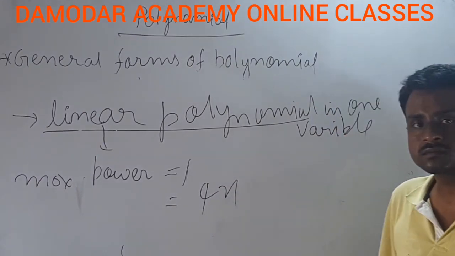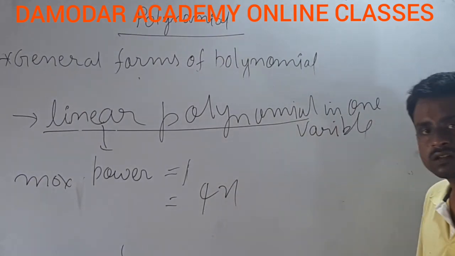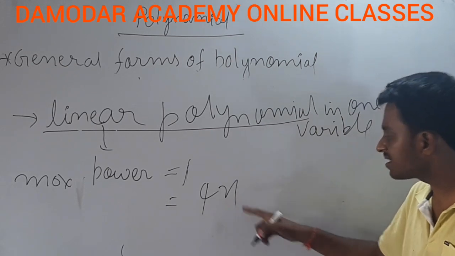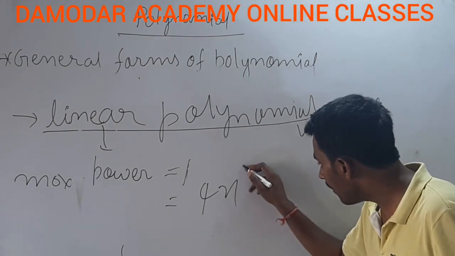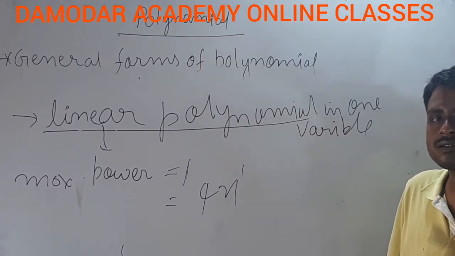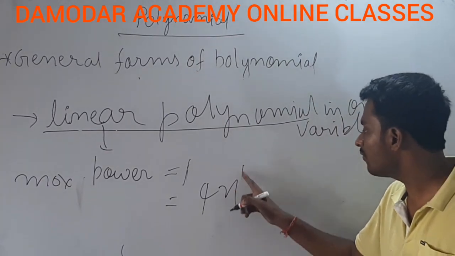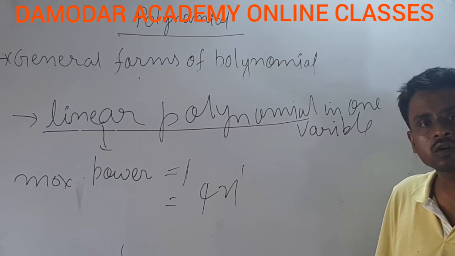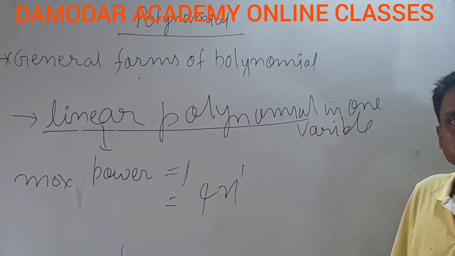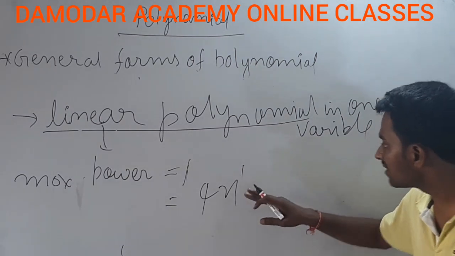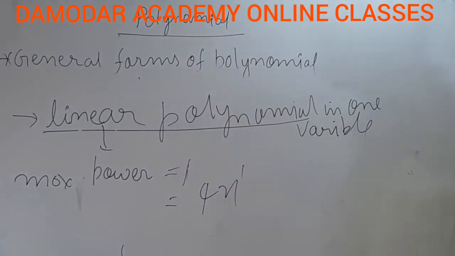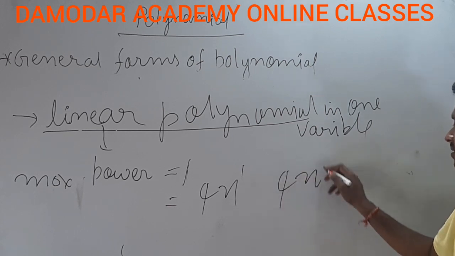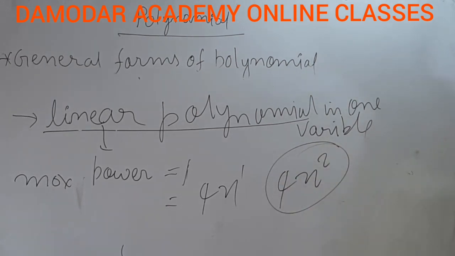4x, this is a polynomial where 4 is the coefficient of the variable and the power of the variable is 1. Okay, the power of the variable is 1 or not, it is 1. That means this is the example of linear polynomial. Okay, for example x square, is it a linear polynomial?